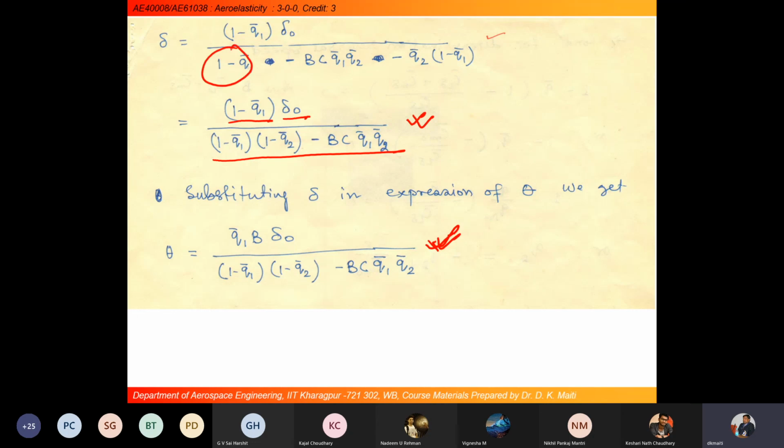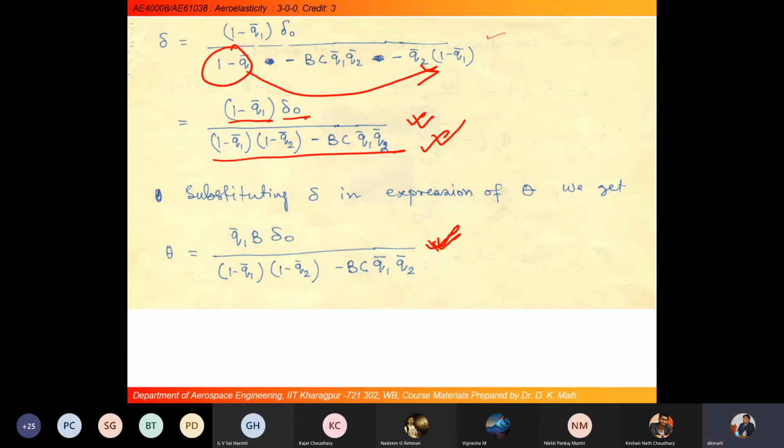After taking this and this, we will have 1 minus Q1 bar multiplied by 1 minus Q2 bar, minus BC into Q1 bar Q2 bar. Similarly, we will get theta equal to Q1 bar into capital B delta naught, this whole thing divided by 1 minus Q1 bar into Q2 bar minus BC Q1 bar Q2 bar.